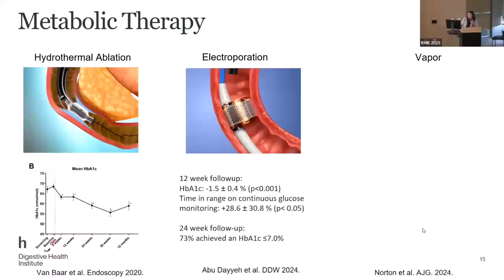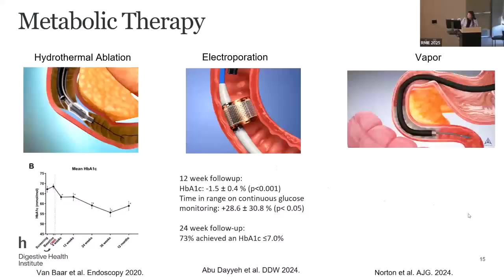There's electroporation therapy using electrical signaling across the duodenum, being able to really penetrate through into the submucosa, into the muscularis propria, where 12-week follow-up after a single electroporation treatment showed a decrease of hemoglobin A1C of 1.5%. This is the only active clinical trial going on. Hydrothermal therapy did pivot their trial to an obesity-centric trial instead of a type 2 diabetes trial.